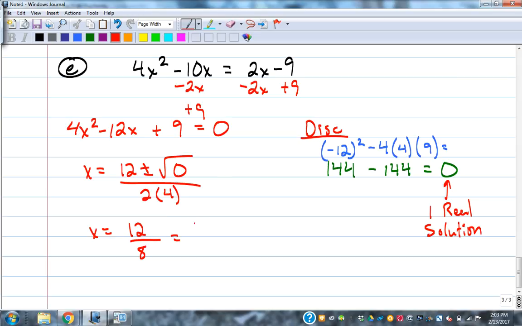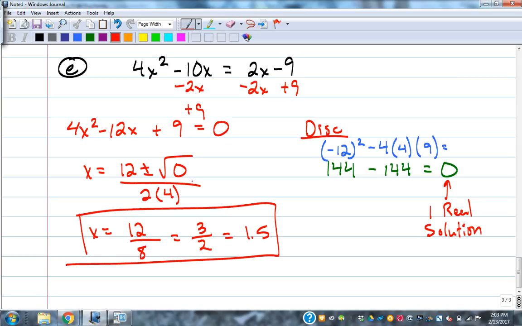And we can reduce that to be 3 over 2. Its decimal approximation, or actually we'll get a terminating decimal on this, will be 1.5. We only have one solution.